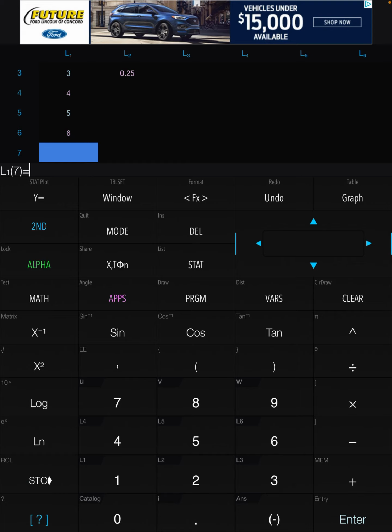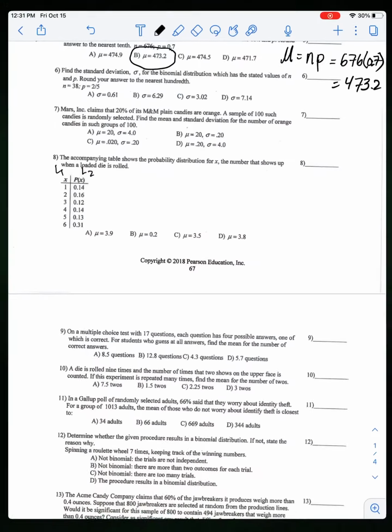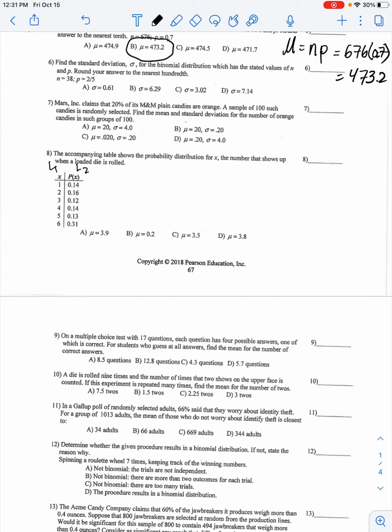That's L1. And in L2, you put the things that are in the second row: 0.14, 0.16, and so on.